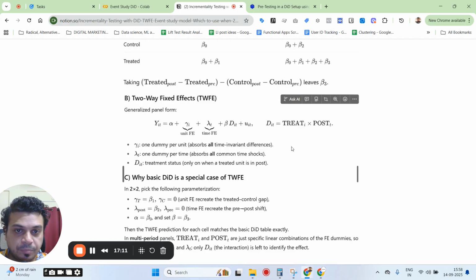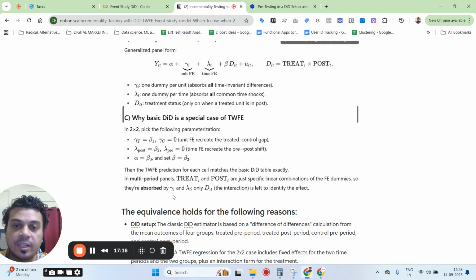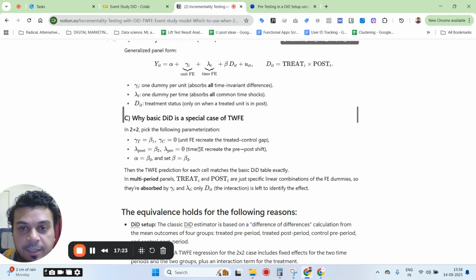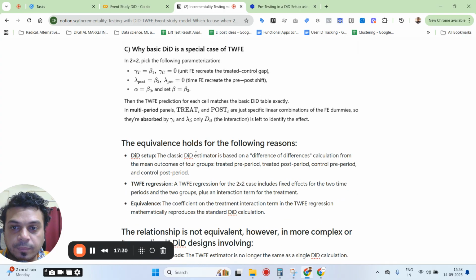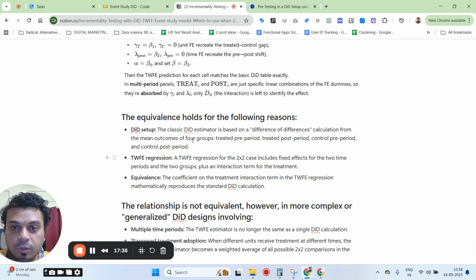If you also read through this section here, I've already explained it, but if you want to, you can understand why basic DID is nothing but a special case of TWFE, okay, which is a two-way fixed effect. If you want to understand why this equivalence holds, the classic DID estimator is based on a difference of differences calculation from the mean outcomes of different groups, right?